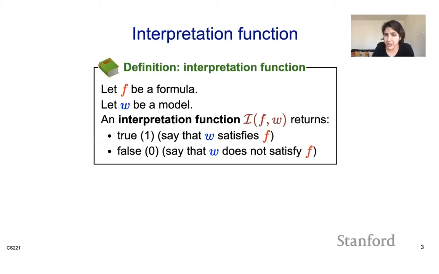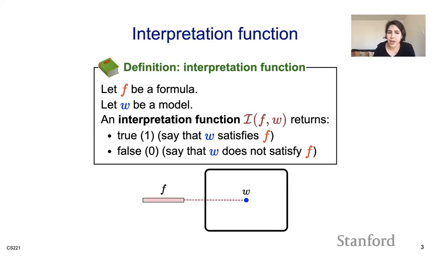It basically tells us if W satisfies F or if W doesn't satisfy F. So interpretation function is really the thing that binds formulas and models. Formulas living in the syntactic land and models living in the semantic land. And basically interpretation function is trying to connect them and tell us if that is true or not.